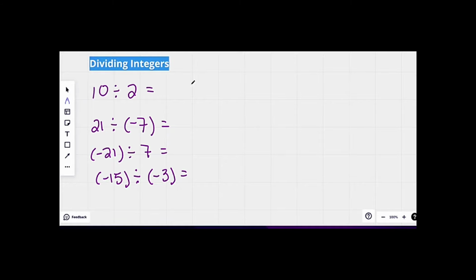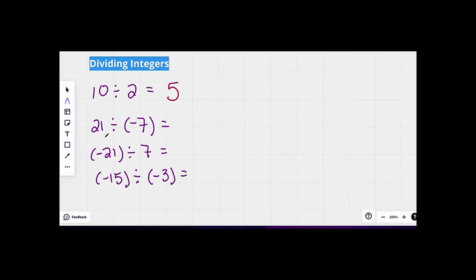Okay, let's try a few more questions that we have here. So we've got 10 divided by 2. So that is positive 10 divided by positive 2 gives us positive 5, because a positive divided by a positive equals a positive.